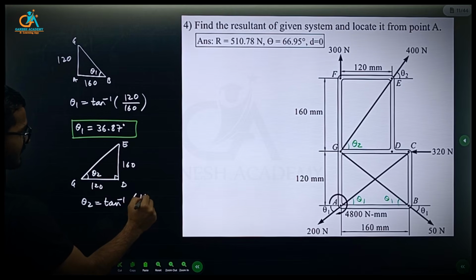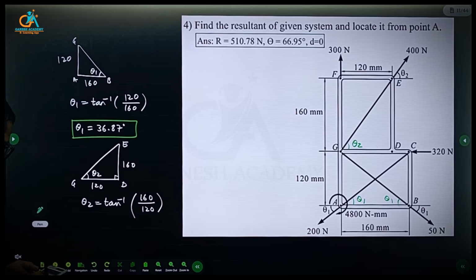So tan inverse of opposite side 160 upon 120, it should be 53.13, something like that. 53.13.